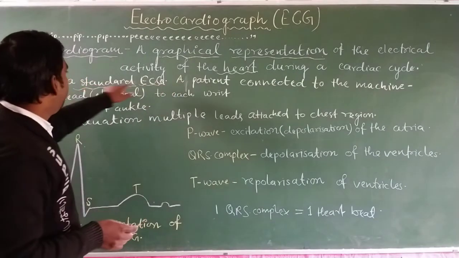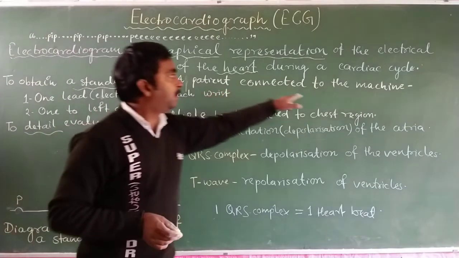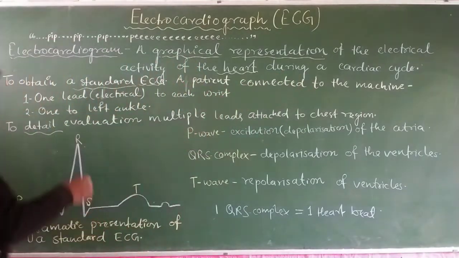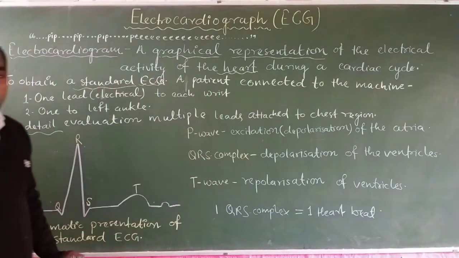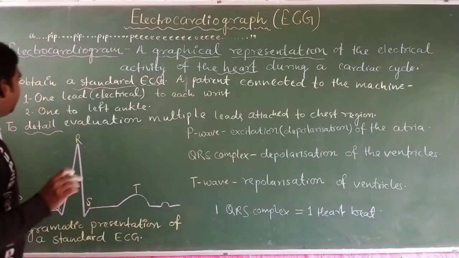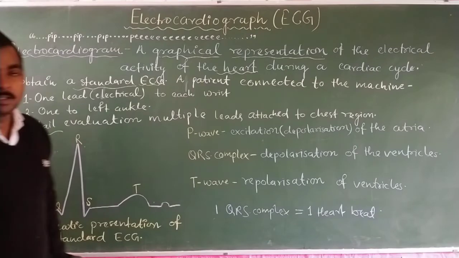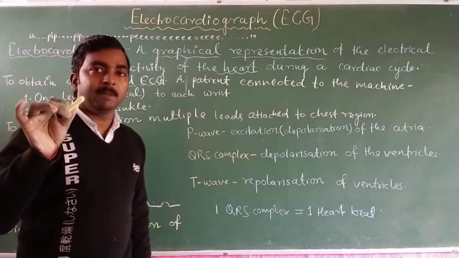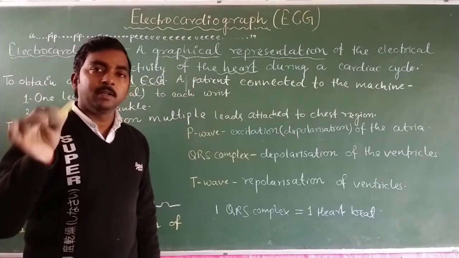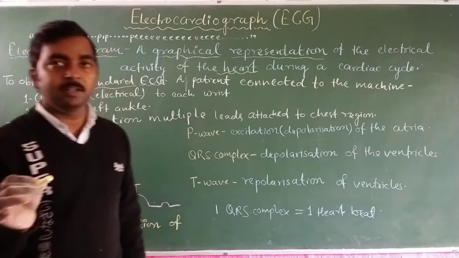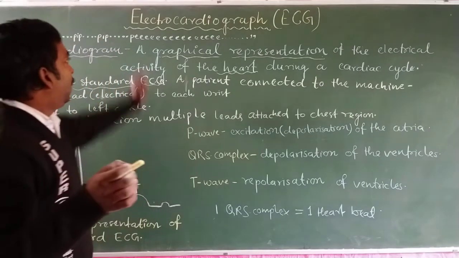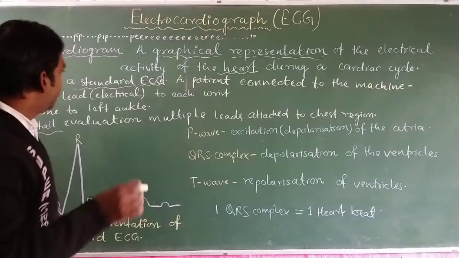In the standard ECG, the patient is connected to the machine with electrical leads. For a standard ECG there are three electrical leads connected to the body of the patient from the electrocardiograph.